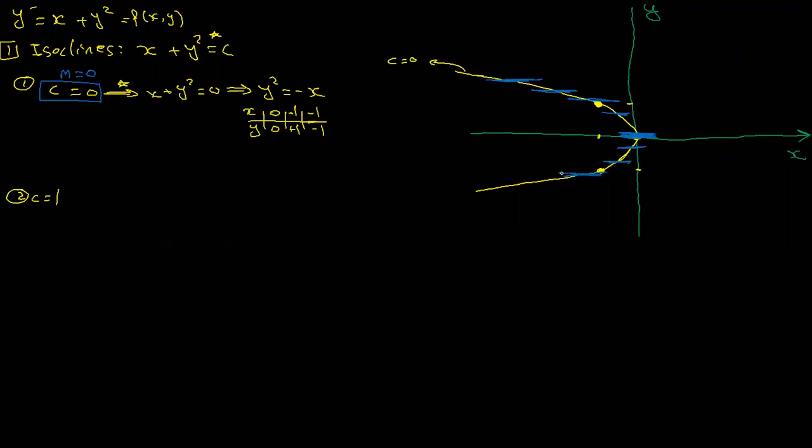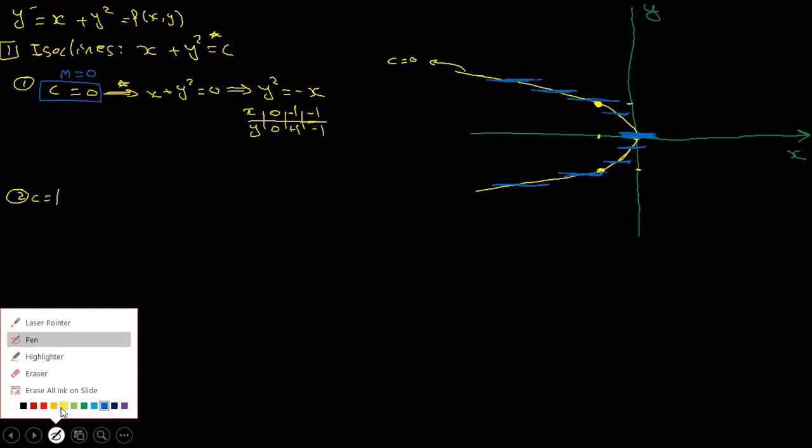All those on the first isocline have slope 0, so they are parallel to the x-axis. Let us go back to the second C using the yellow.